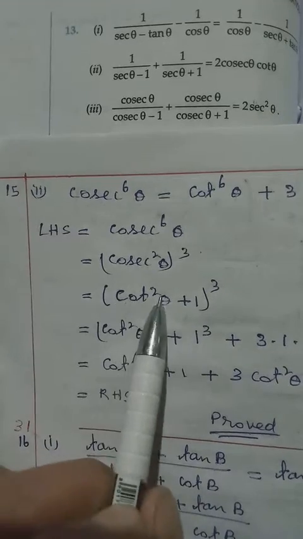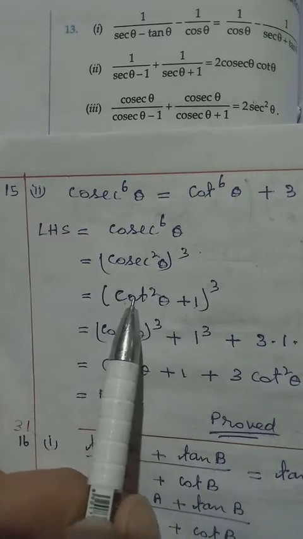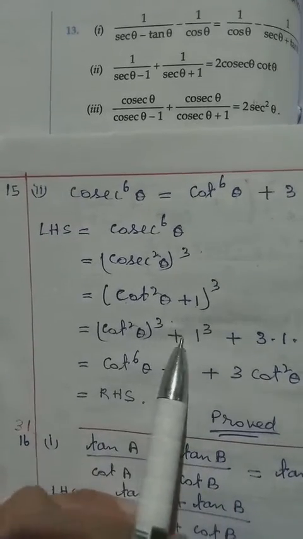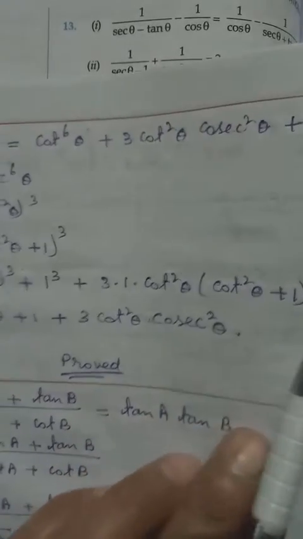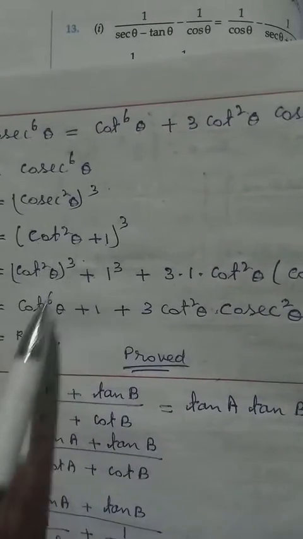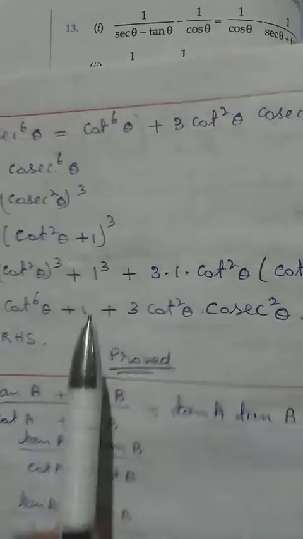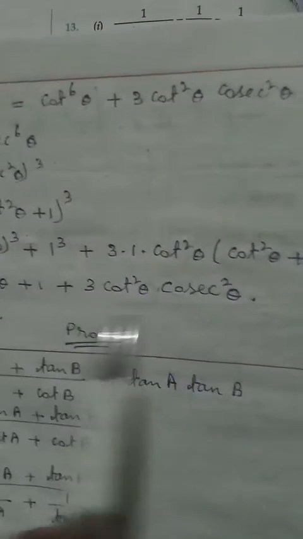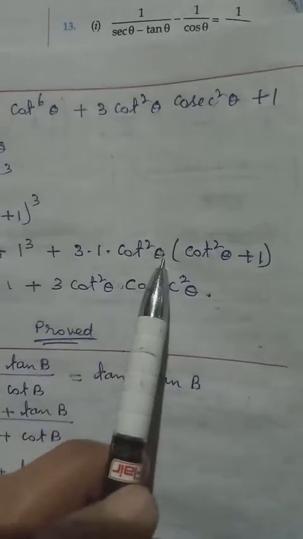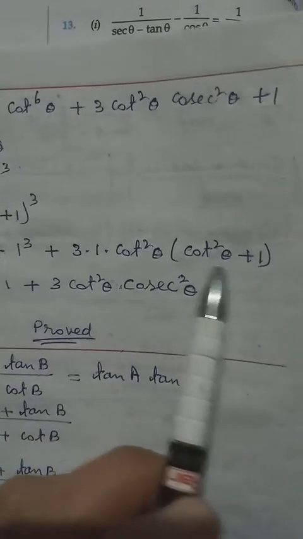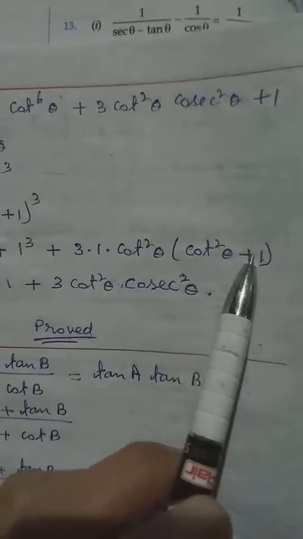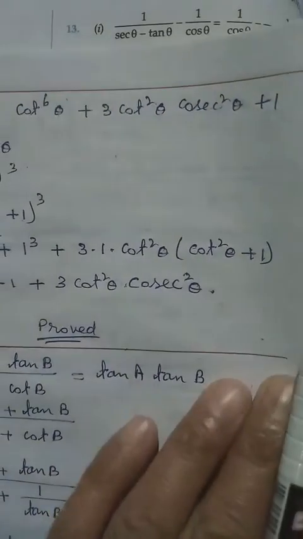Use this one as A, this one as B. We can apply the formula (A + B)³ will become A³ + B³ + 3AB(A + B). Then 2 into 3, 6. We get that. Then next, here we have plus 1. We get that. Then 3 cot²θ. This one we don't want. We want cosec.